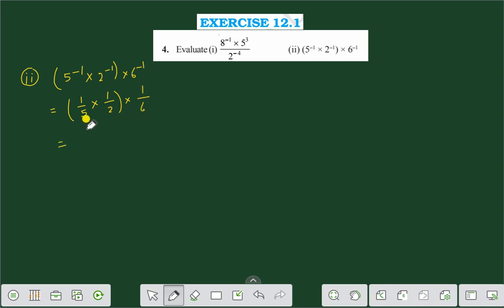That is equal to 1 by 10 into 1 by 6, that is we are getting 1 by 60, and that is the answer of question number 2. Here we applied the formula that a to the power minus m is equal to 1 by a to the power m.